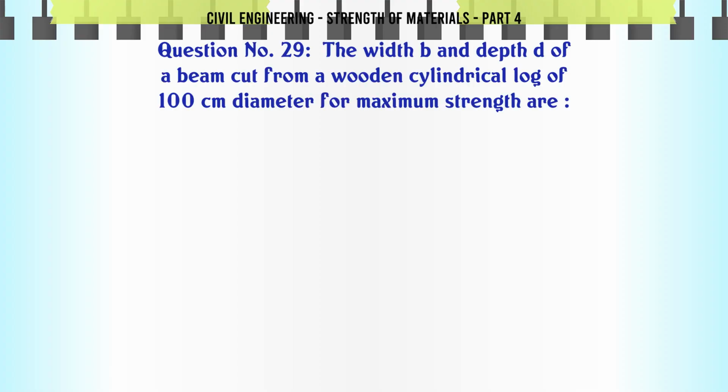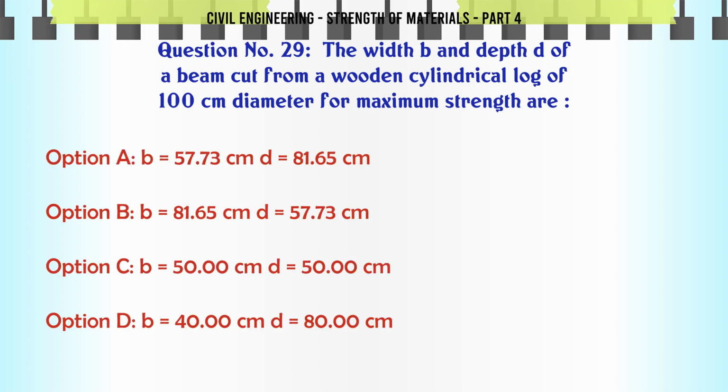The width B and depth D of a beam cut from a wooden cylindrical log of 100 cm diameter for maximum strength are: A. B 57.73 cm, D 81.65 cm, B. B 81.65 cm, D 57.73 cm, C. B 50.00 cm, D 50.00 cm, D. B 40.00 cm, D 80.00 cm.